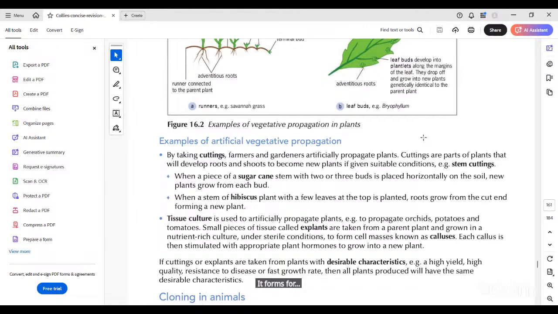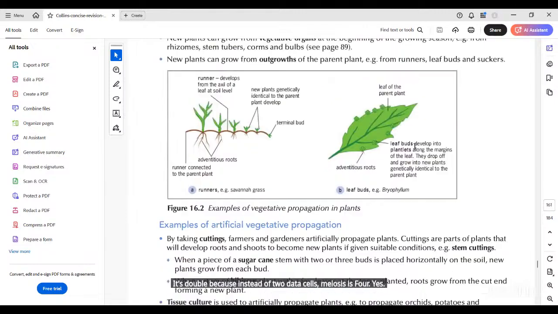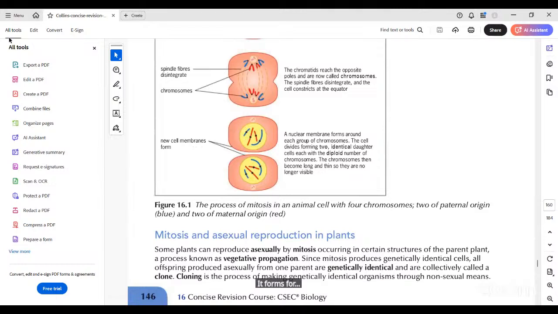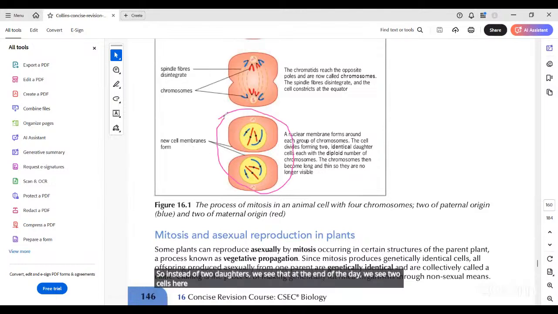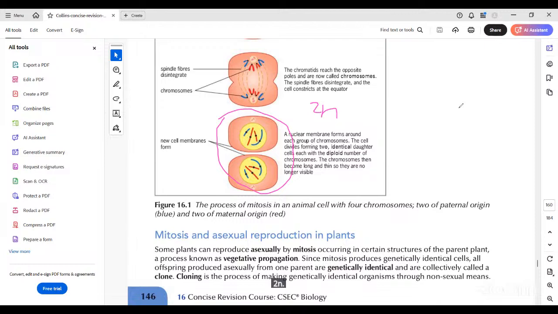So instead of 2 daughters, at the end of the day we see 2 cells here, and they're identical, 2N. In meiosis, it's what we call haploid, not diploid.